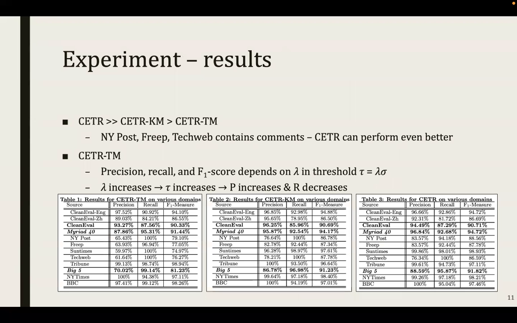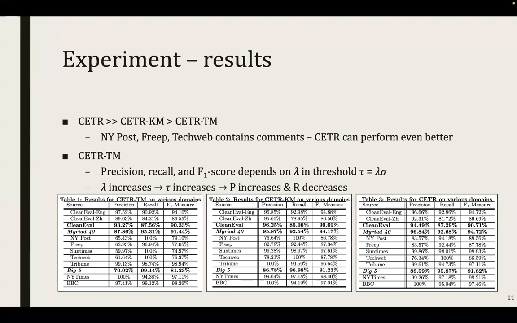So for the result, they first found that Cedar performs much better than Cedar KM and Cedar TM. And they're aware that Cedar doesn't treat comments as content. So for some websites that accept comments, Cedar can, in theory, perform better if the comments are turned off. And in addition, for the Cedar TM approach, remember the threshold tau equals lambda sigma.